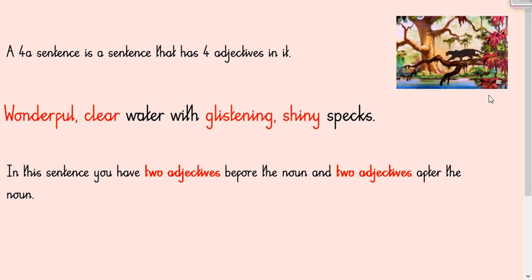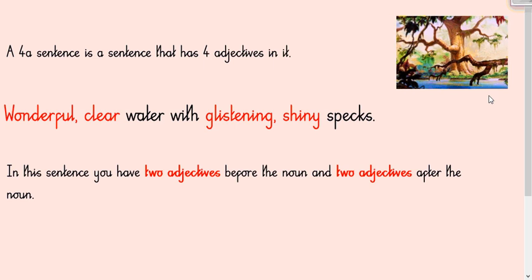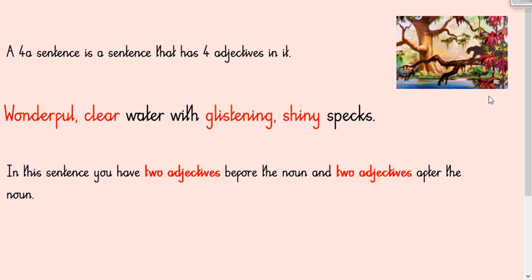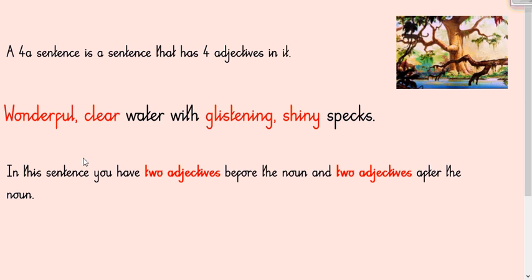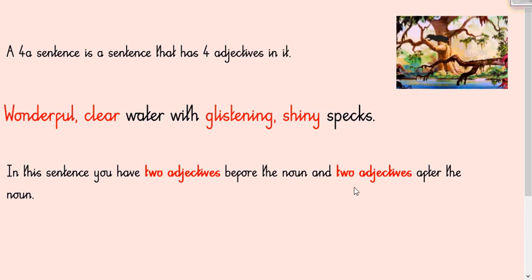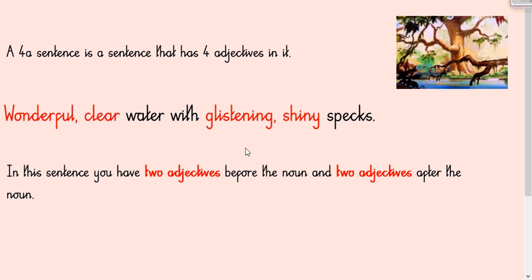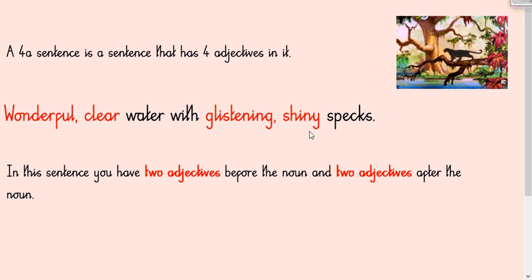Wonderful clear water with glistening shiny specks. In this sentence you have 2 adjectives before the noun. Wonderful and clear are my first 2. And 2 adjectives after the noun. Glistening and shiny are my second 2 adjectives.